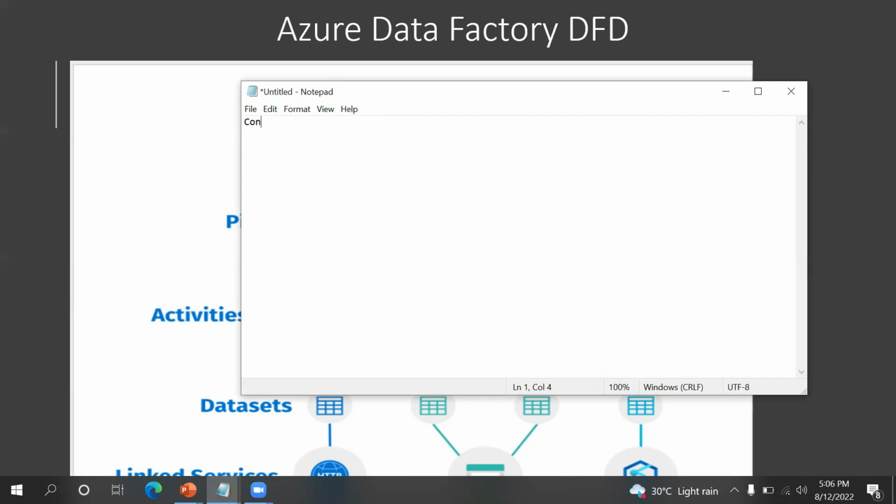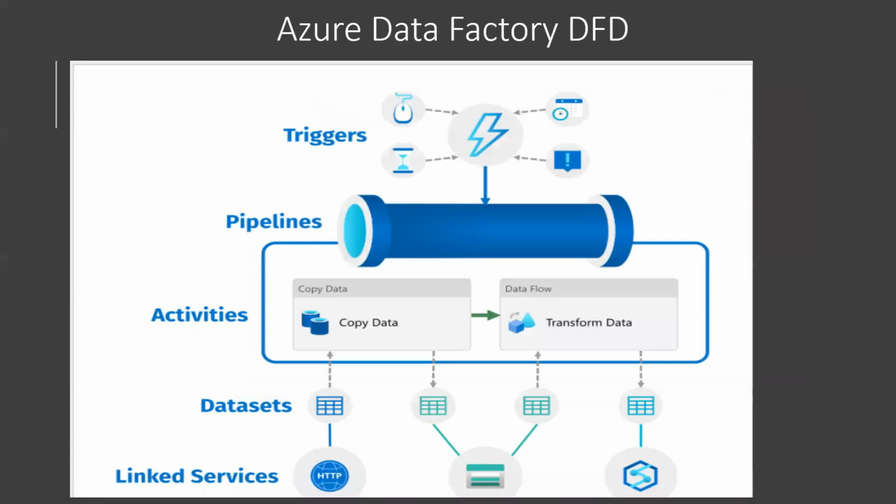What generally you provide in a connection string, or we can call this linked service: you provide the server details, the server name basically, then the database name, and then the username and password. So this is basically the linked service or connection string when you connect with any database.